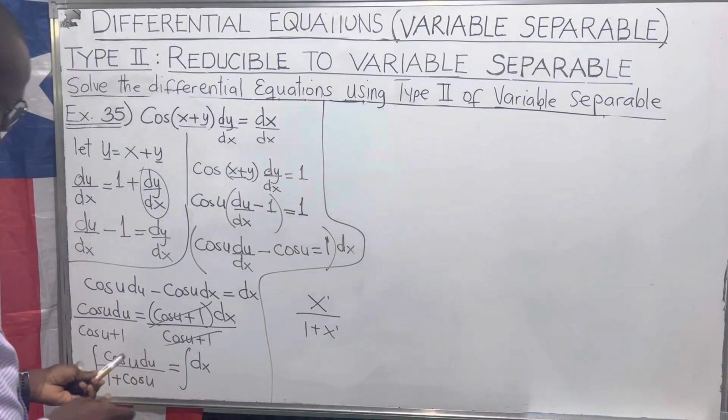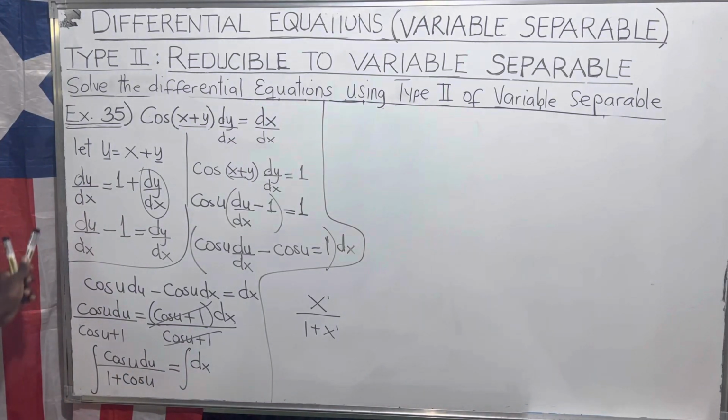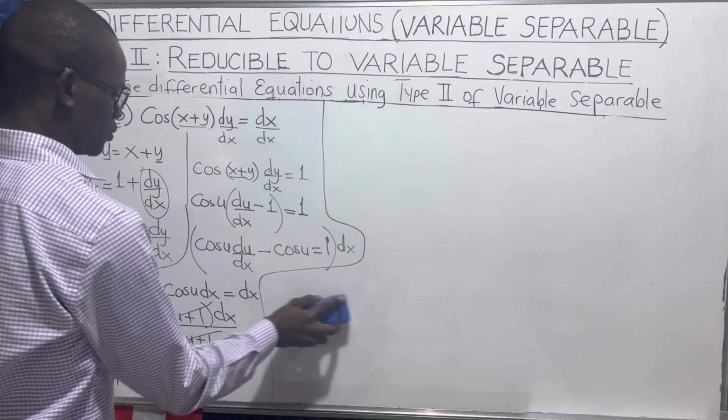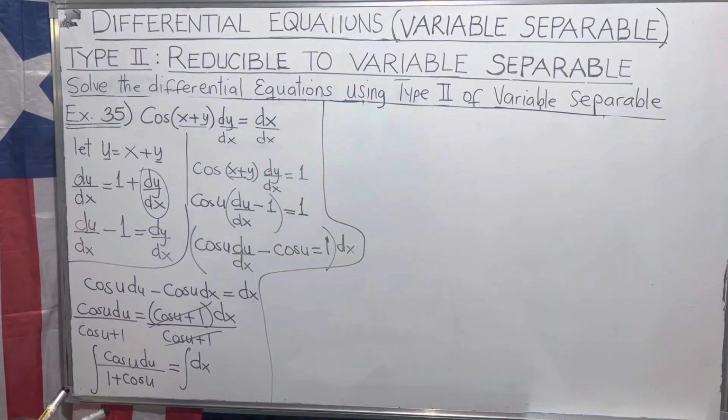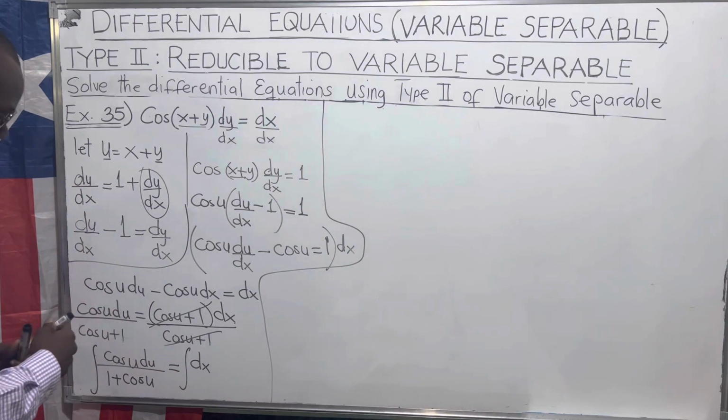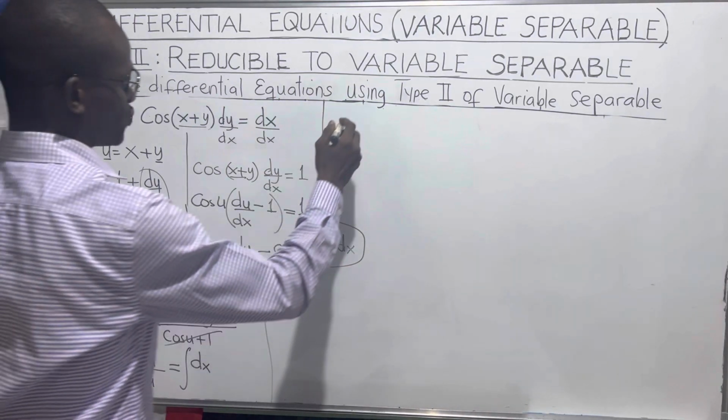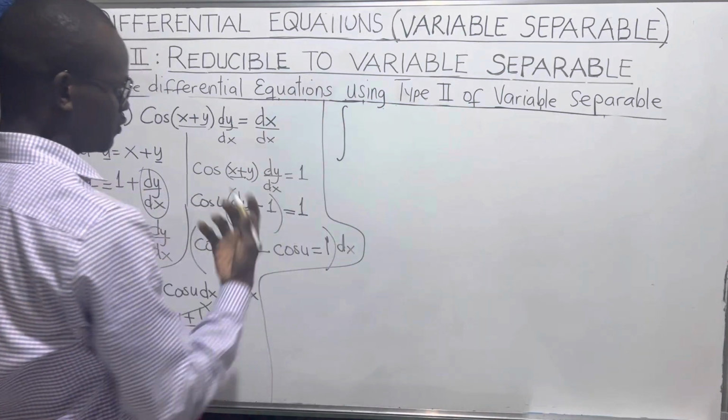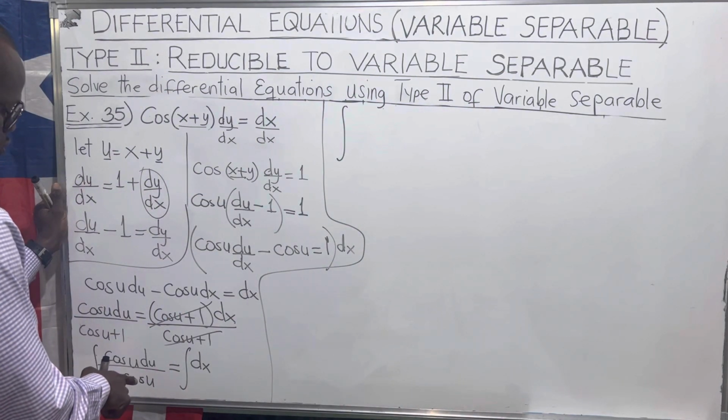But there's a trigonometric case. So we don't want to apply that method, long division, so we want to apply some tricks. What's a trick? We used a trick in previous lessons. Cos of u du.